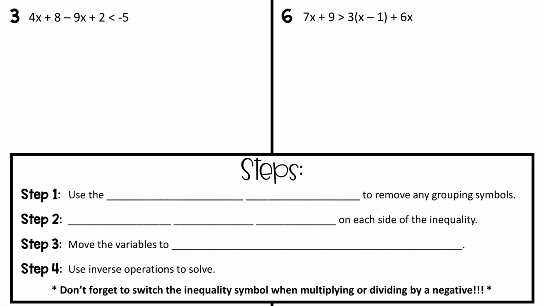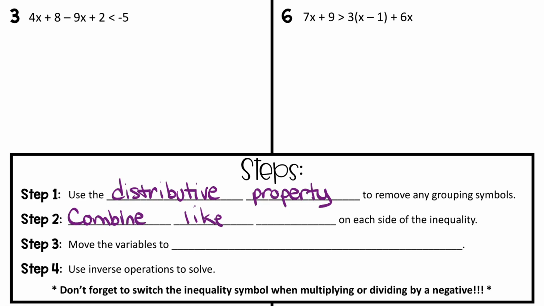Let's complete the steps first. Step 1 is to use the distributive property to remove any grouping symbols. Step 2, we are going to combine like terms on each side of the inequality.